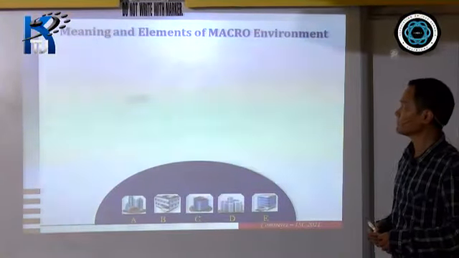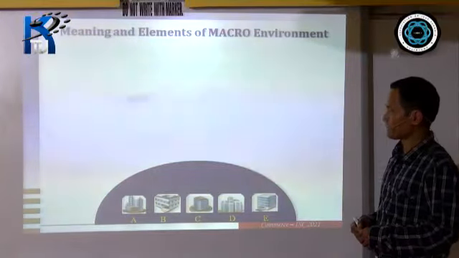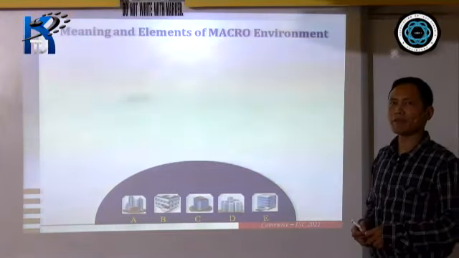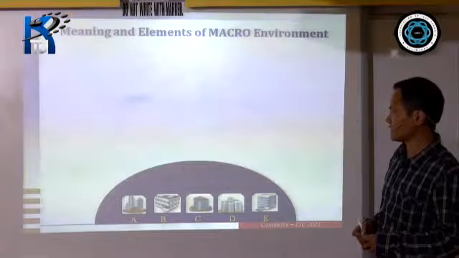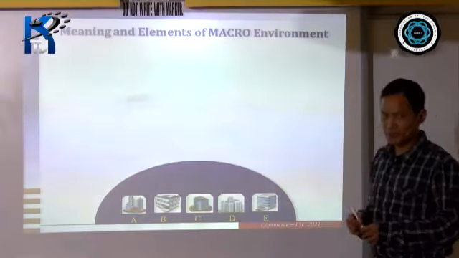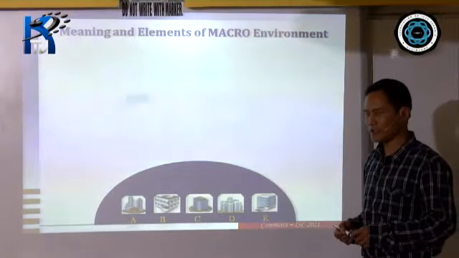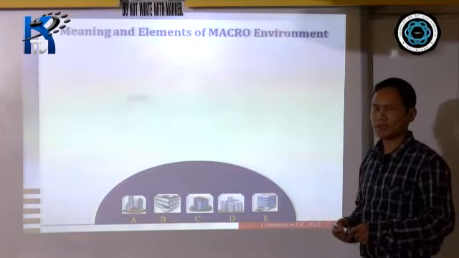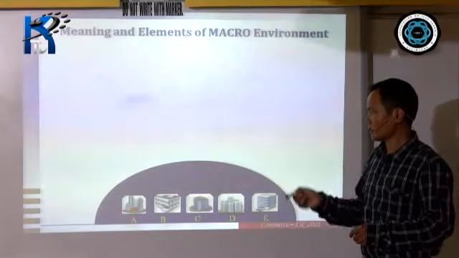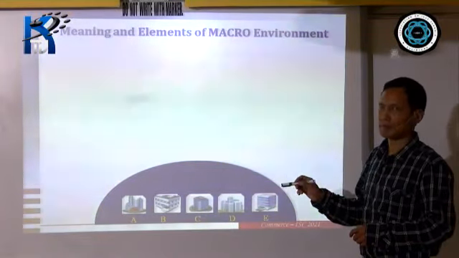So let's start. Micro-environmental forces or factors are concerned with specific organizations in the market. So they are related to a particular organization and they affect the performance and the function of that particular organization.